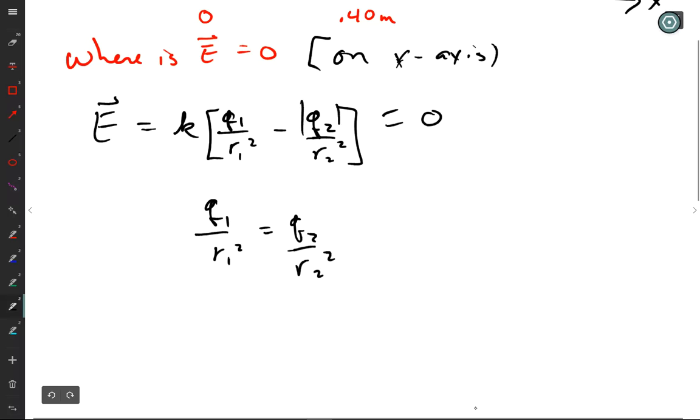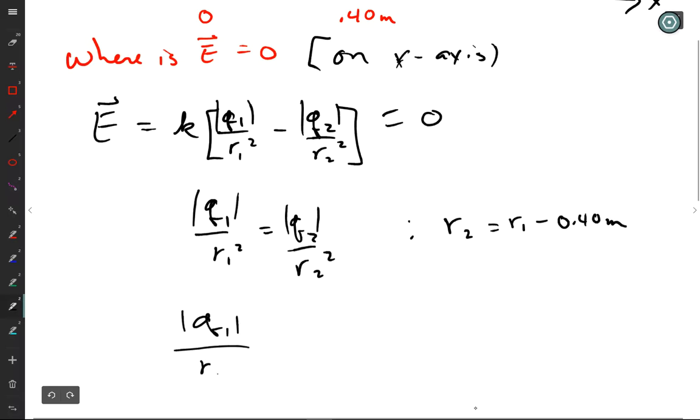Something I really should explicitly do is put these absolute value signs so that we don't make silly errors. And then I need to substitute R2 is equal to R1 minus 0.40 meters. So I have Q1 over R1 squared is equal to Q2 over R1 minus 0.40 meters squared.